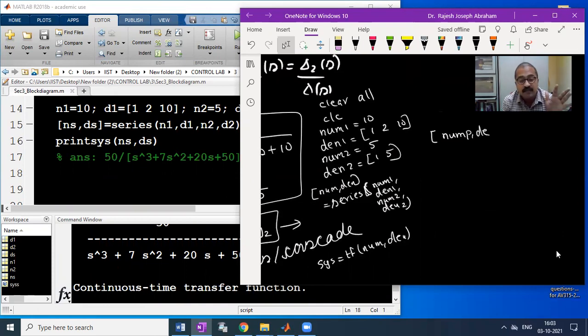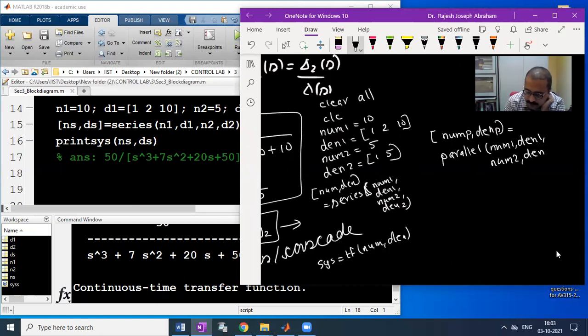You are free to give any variable name for the outputs, except for the keywords or the command names. So num p comma den p equal to what? Parallel of num1 comma den1 comma num2 comma den2.